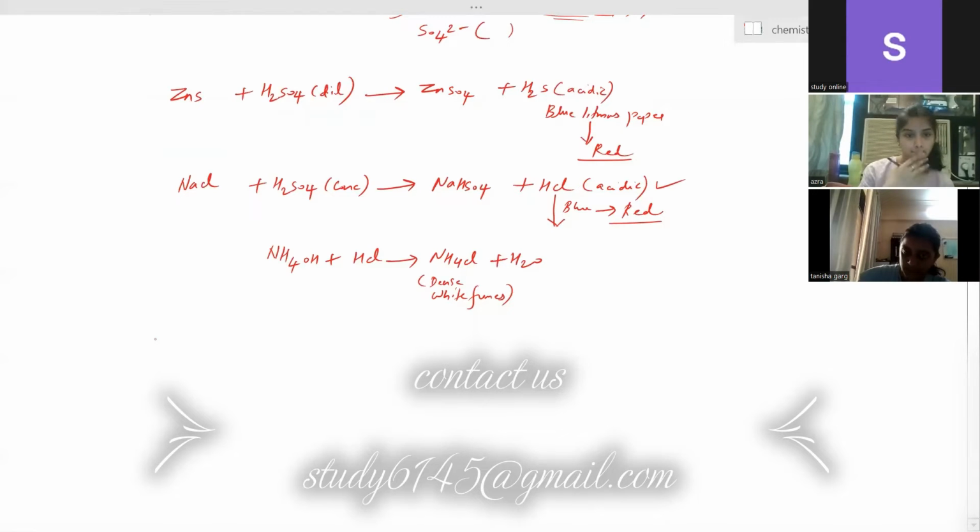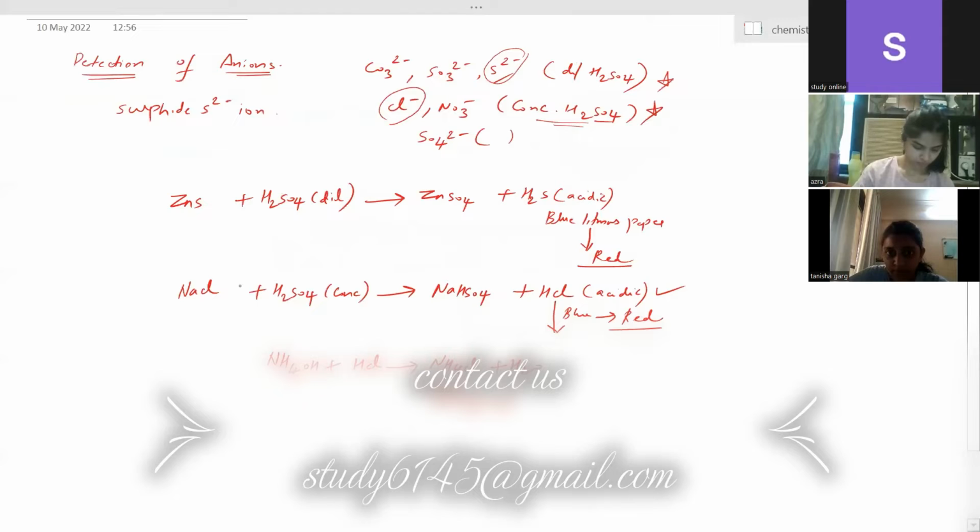What about nitrate ion? How will we distinguish? Nitrate ion, same thing, we will use conc H2SO4. Can you help me out with the reaction?